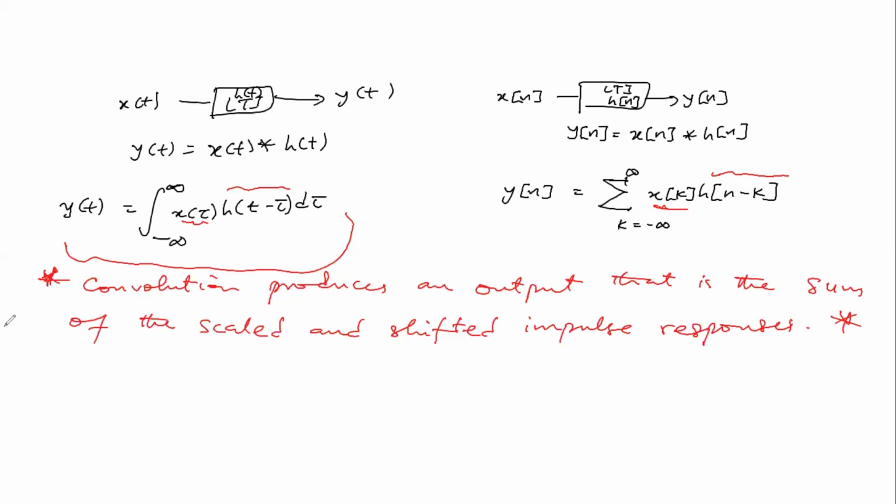When we want to perform convolution, what are the required steps? We have y of t is the same as s of t convolve with h of t, and we know that this is the same as the integral from negative infinity to positive infinity of s of tau h of t minus tau d tau.